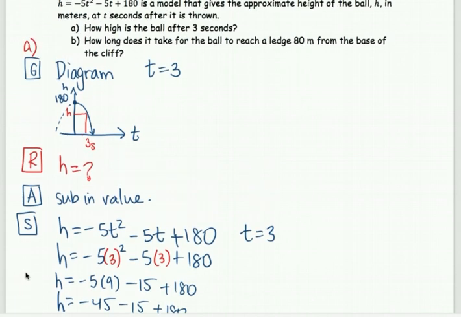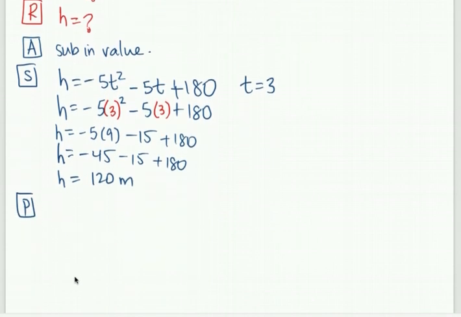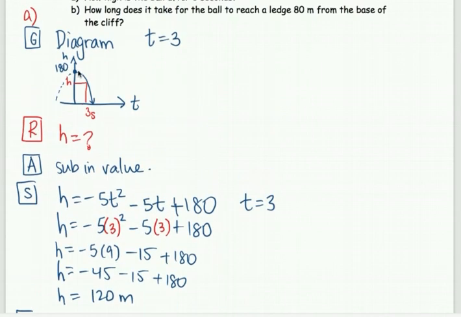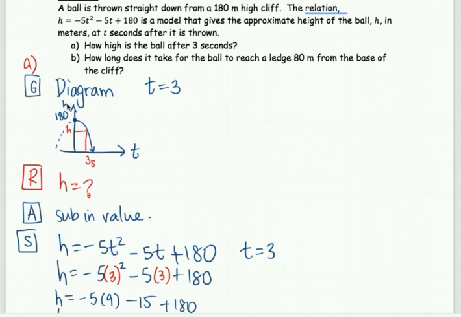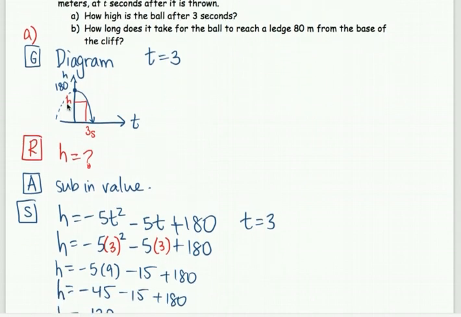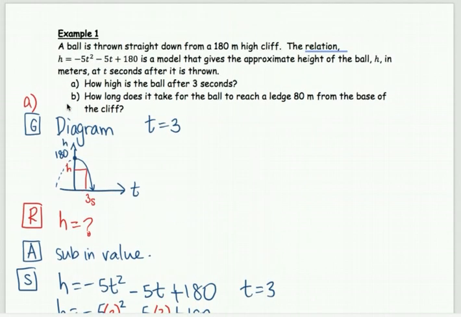Okay, so part A, how high is the ball after 3 seconds? Therefore, the ball is 120 meters after 3 seconds. So again, we threw the ball off, and at 3 seconds, it's 120 meters in the air still. Okay, so that one's done. So again, that was just a sub in the value in order to get to the answer.